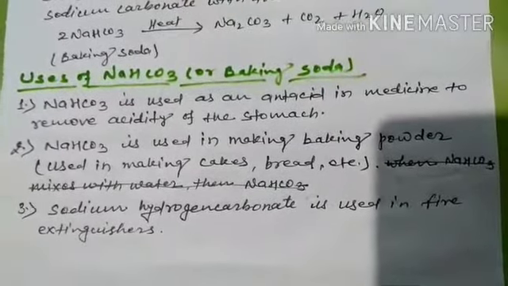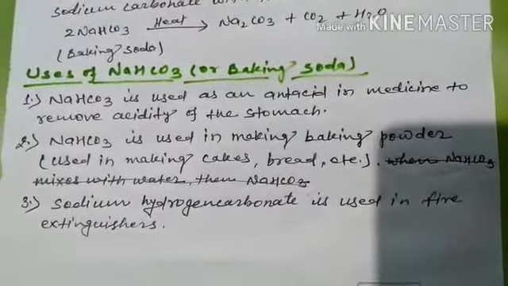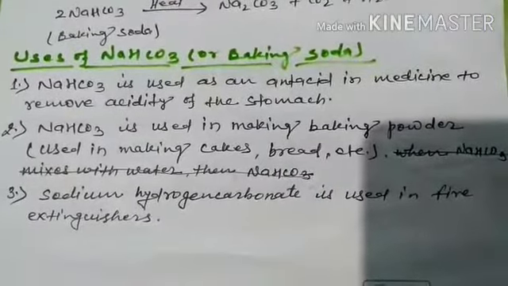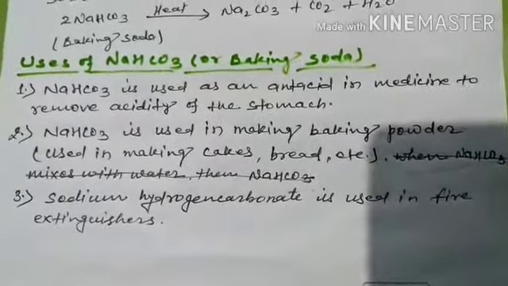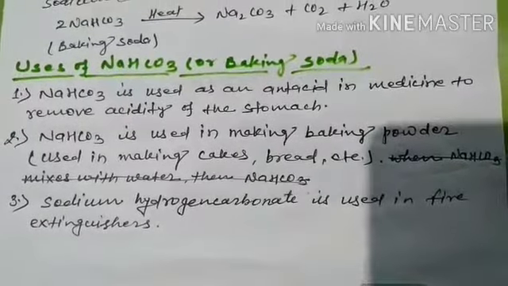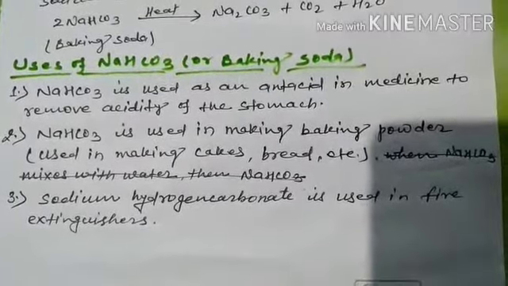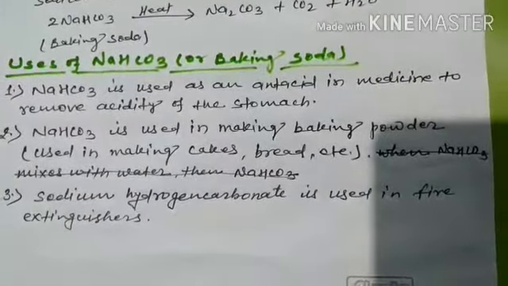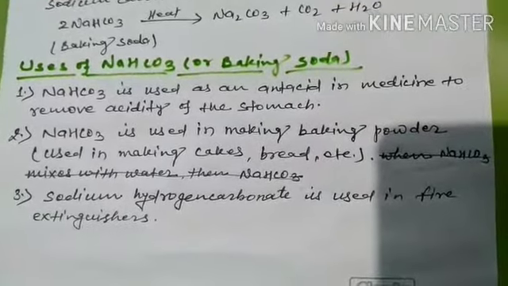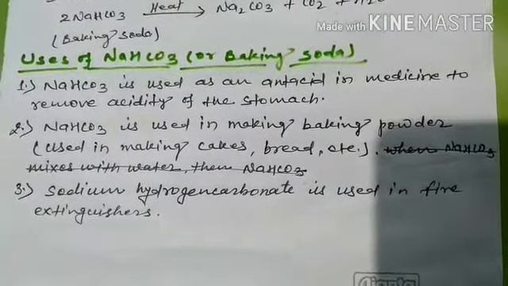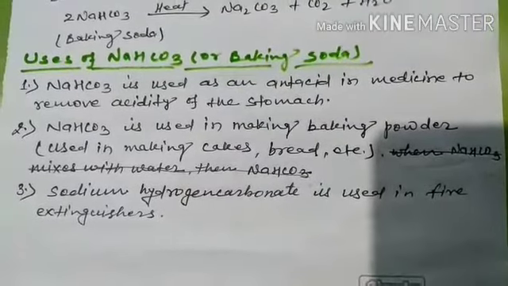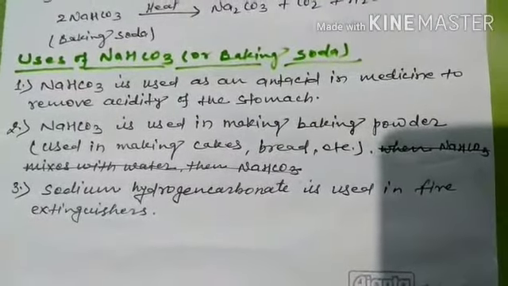Now uses of sodium hydrogen carbonate or baking soda. Sodium hydrogen carbonate is used as an antacid. Students, you already know, antacid means anti-acid. An antacid is a base. Sodium hydrogen carbonate is used as an antacid, a base in medicine, to remove acidity of the stomach.